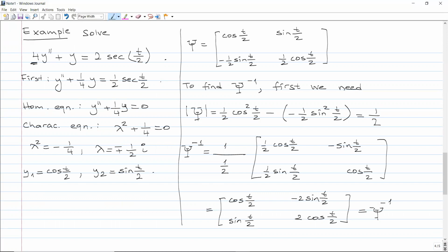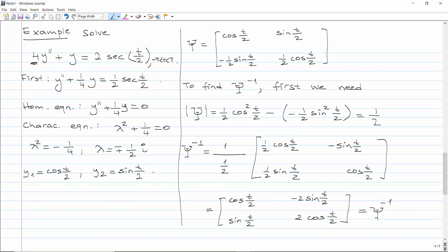Of course, you can consider different intervals, but in any case, in order to be complete, the question has to be given together with an interval for t, because the secant function is not continuous everywhere. So I give the interval as from minus pi to pi.